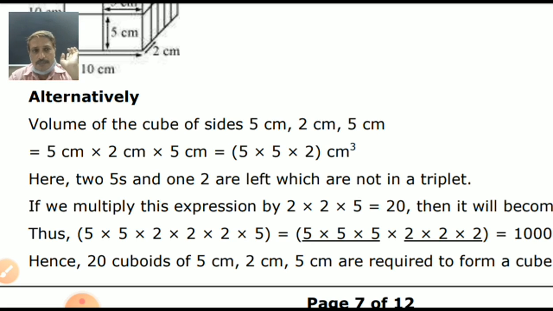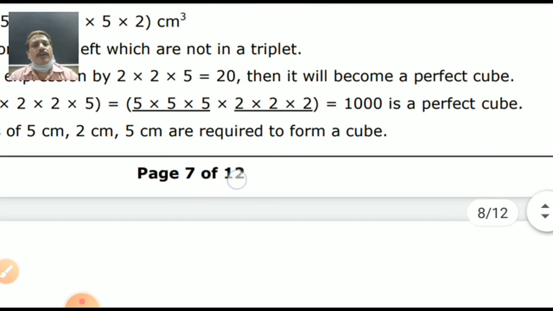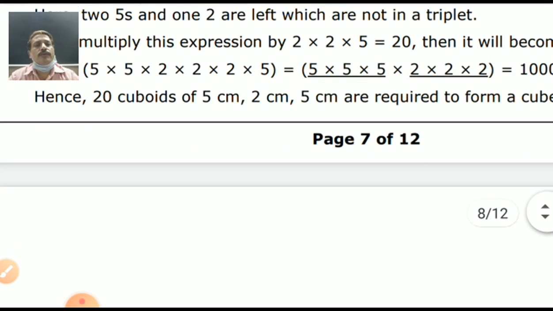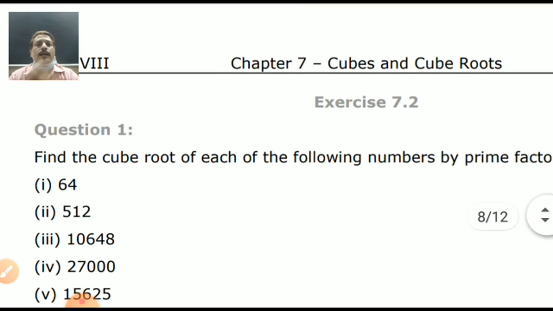One triplet becomes 2 into 2 into 2. The second triplet also, so you add 1 times 5 and 2 times 2. That gives me 1000. Yes, it's a perfect cube. So any method you can use, either the drawing one or the volume one. Volume is easy.